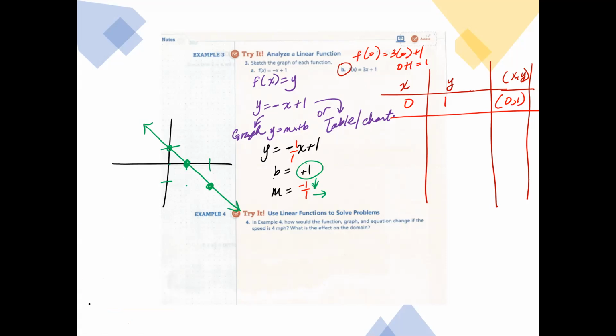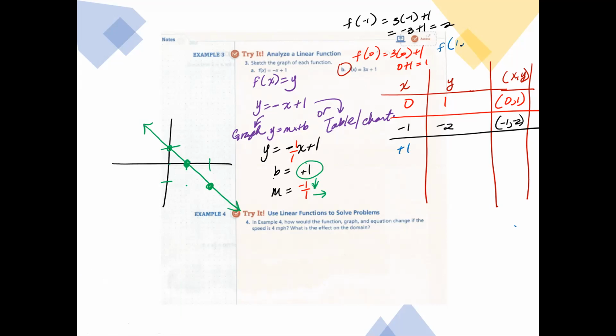Then I'm going to pick another point. Let's try maybe a negative 1. So f of negative 1 is equal to 3 times negative 1 plus 1, which is a negative 3 plus 1, which is a negative 2. My second point is negative 1, negative 2. And you just continue picking a bunch of points. Let's try positive 1.